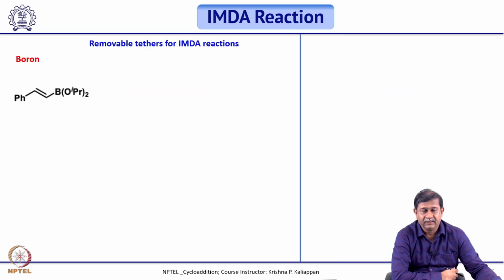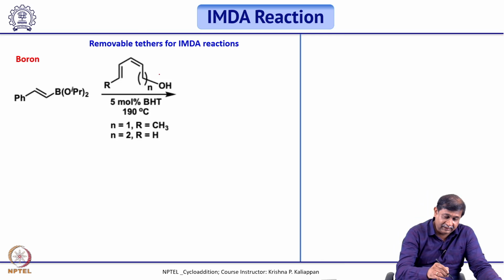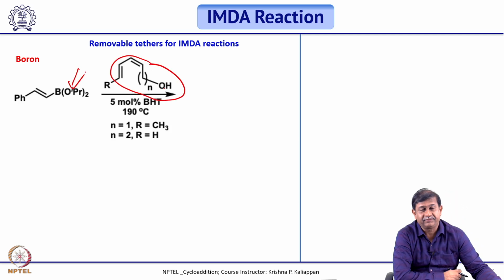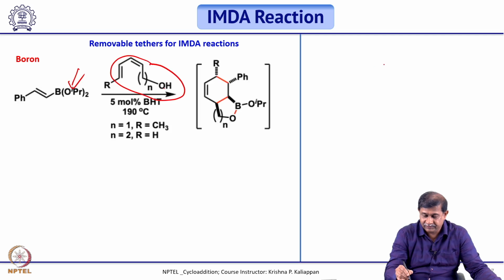Okay. And one can also use boron as a removable tether. So if you have an alcohol and this diene alcohol can replace one of the isopropoxy groups of the boronate, so that will lead to the isopropyl.